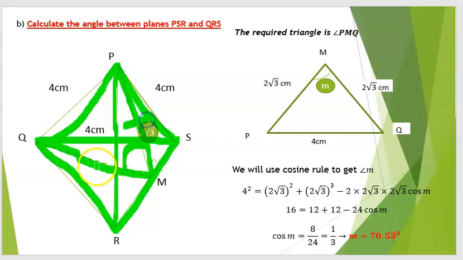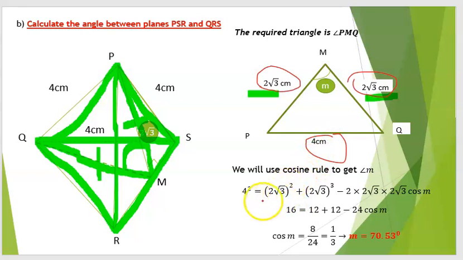But remember, this side and this side are equal, and we got them as 2 root 3 and 2 root 3. Because the three sides are given, this side is known, and this side is known, and this side is known, we are going to apply the cosine rule.